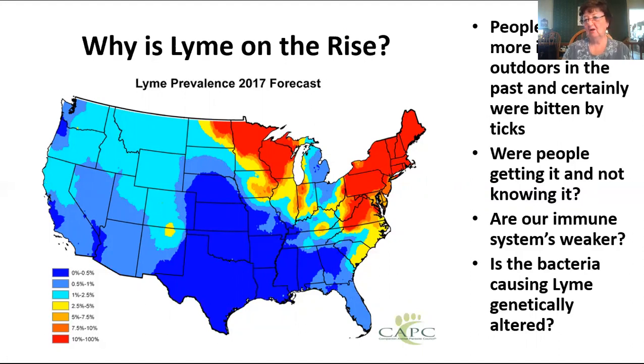And were people getting it and not knowing it? Or is there a stronger, perhaps genetically modified version that has been affecting people more rampantly in the last 3 or 4 years? Were there problems with this lab?